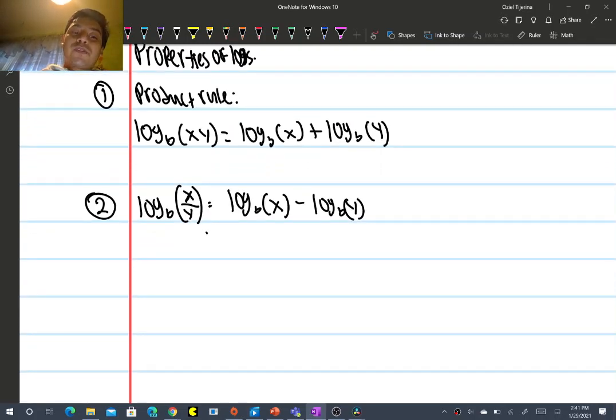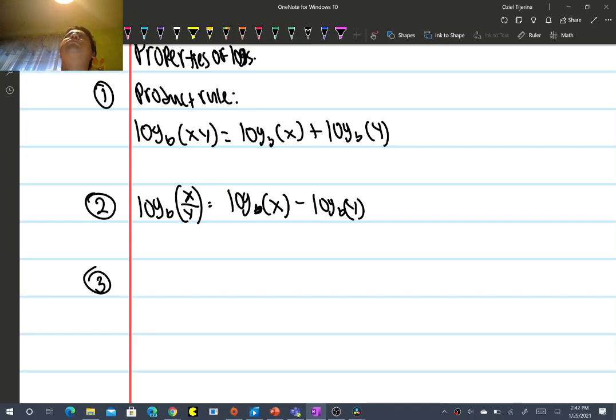Do not confuse this with log base b of x minus y, because that's something different. So please do not confuse it. It's going to be log of x minus log of y, with whatever base it gives you.